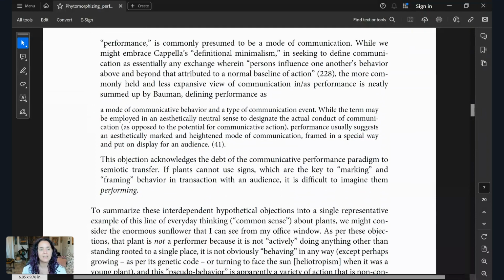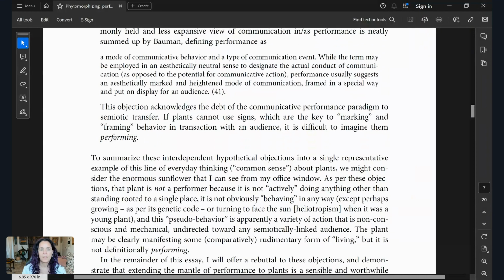While we might embrace Capella's definitional minimalism in seeking to define communication as essentially any exchange wherein persons influence one another's behavior above and beyond that attributed to a normal baseline of actions, the more commonly held and less expansive view of communication in performance is neatly summed up by Bauman, defining performance as a mode of communication, behavior, and a type of communication event.